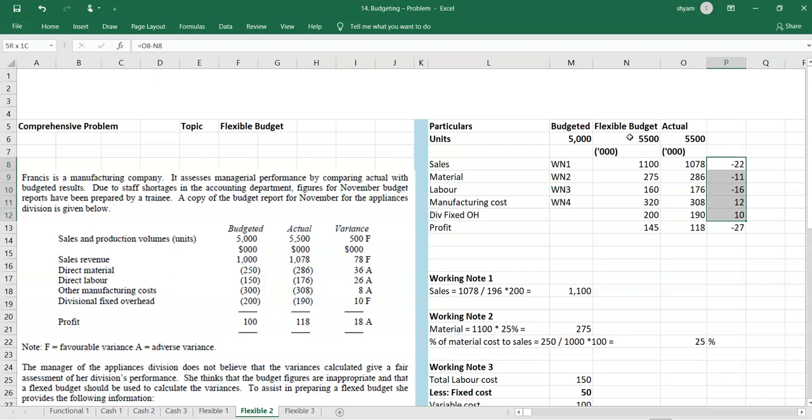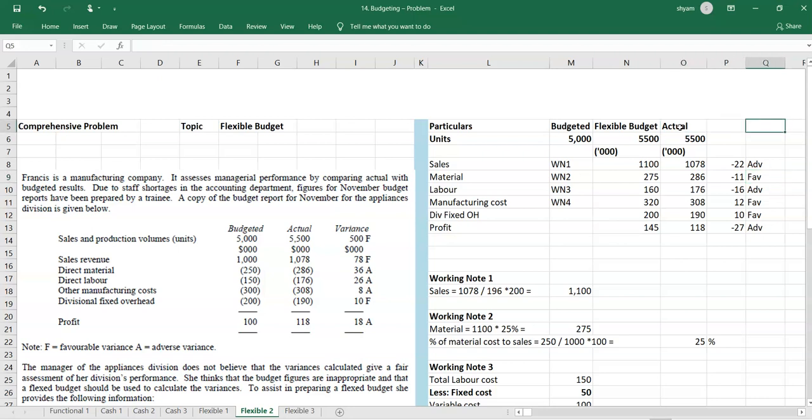So when you totally add all the variance, that comes to 27. So this is adverse, this is favorable, adverse, favorable, and adverse. Okay. So when compared to this, we could see here the number of units sold.